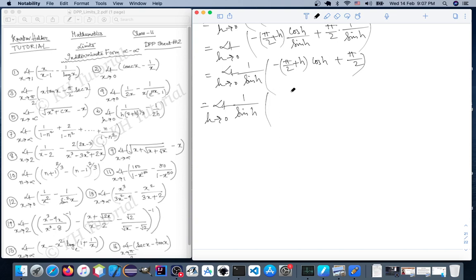We merge the pi by 2 cos h and this pi by 2 term by taking pi by 2 common, we get 1 minus cos h, and we are left with h cos h.